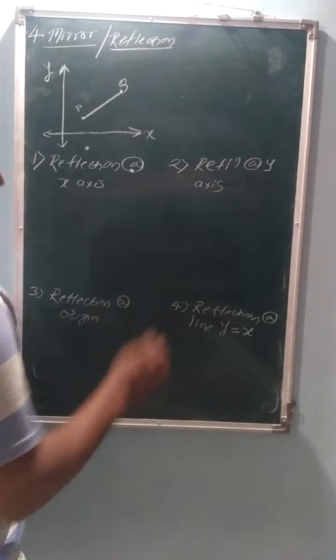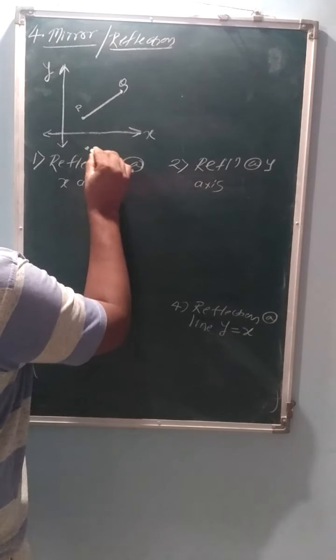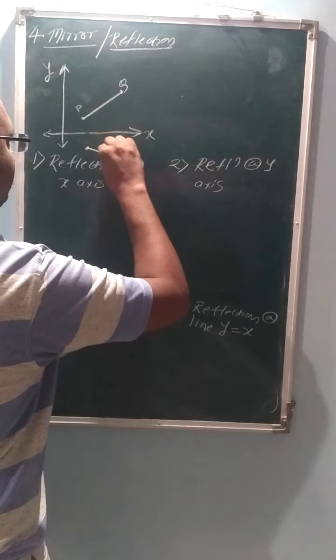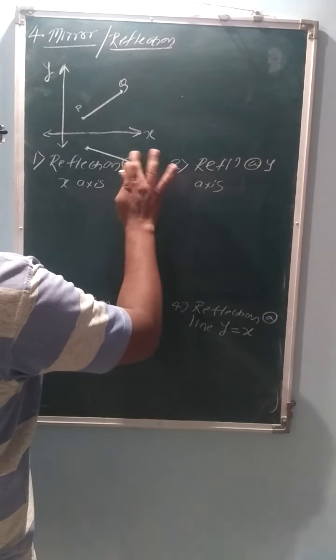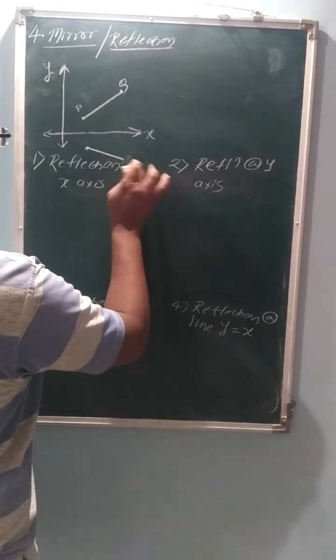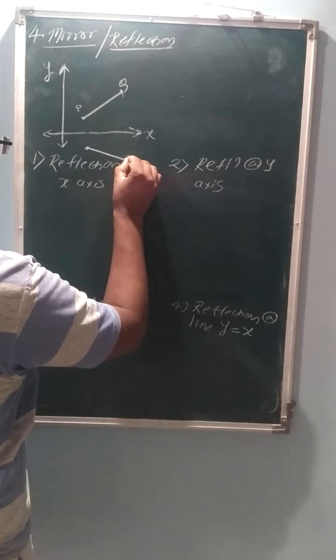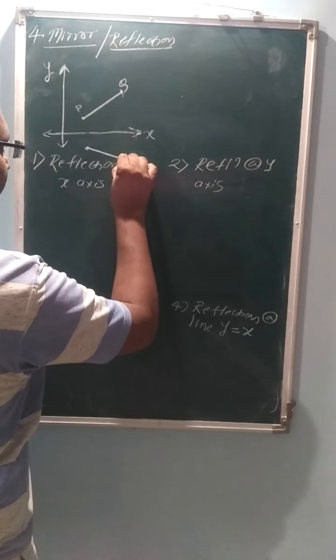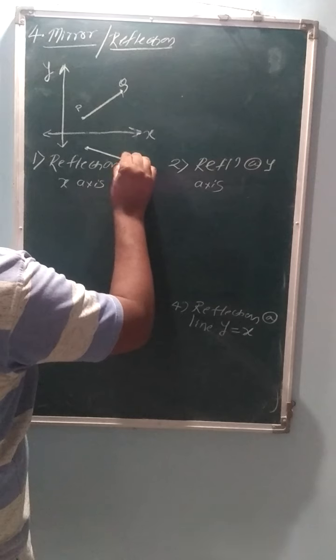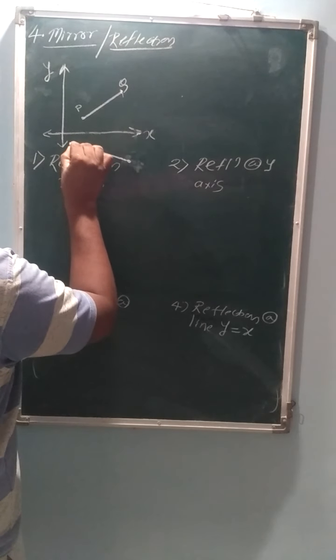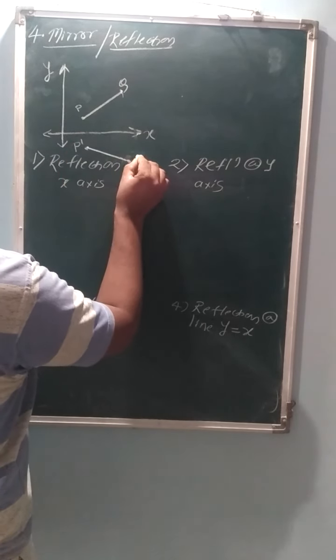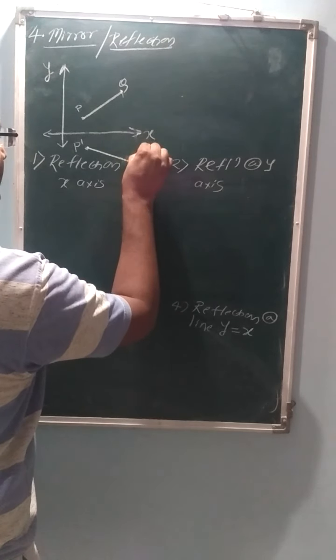Here the points you will get, this will be P dash, the reflected point, and this is Q dash.